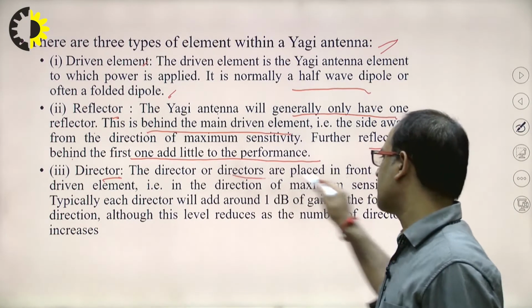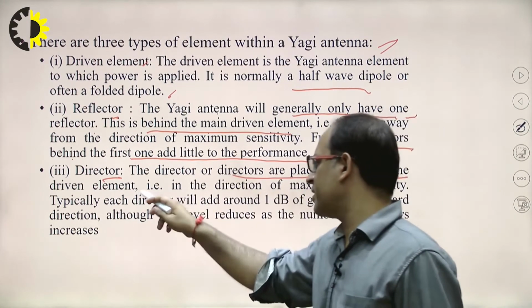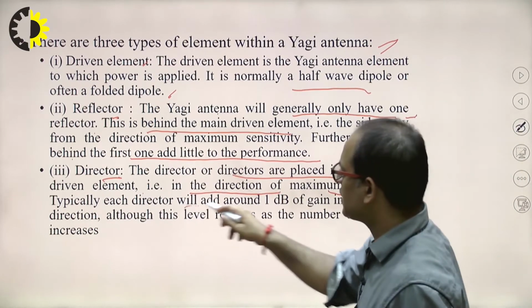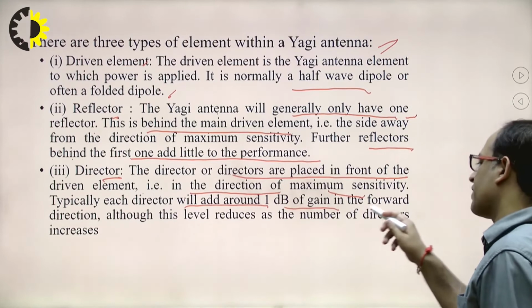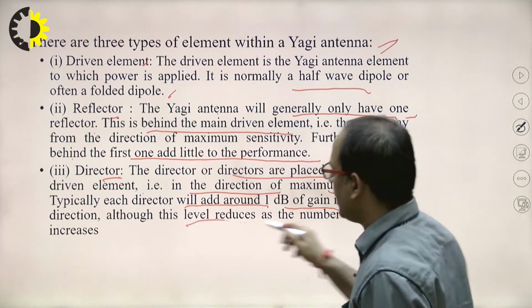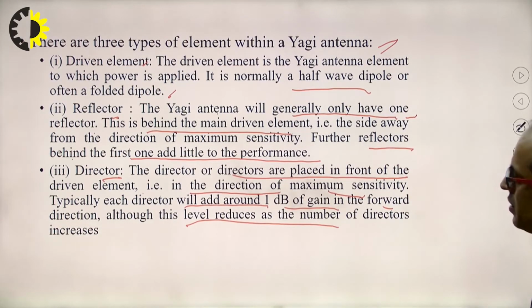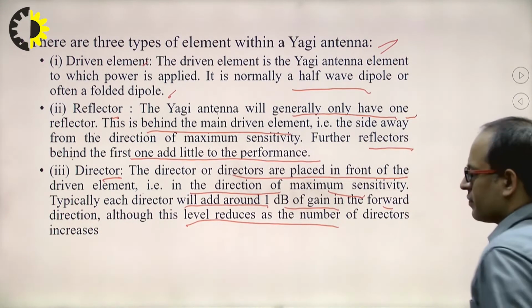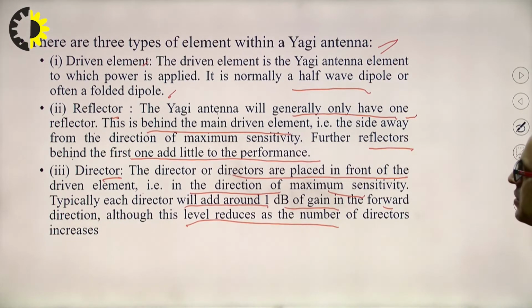These directors are placed in front of the driven element, in the direction of maximum sensitivity. Each director will add around 1 dB of gain in the forward direction, although this level reduces as the number of directors increases.